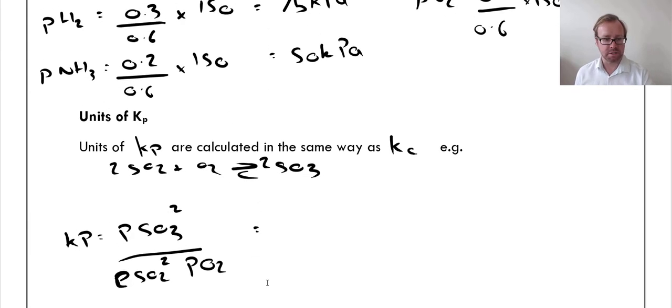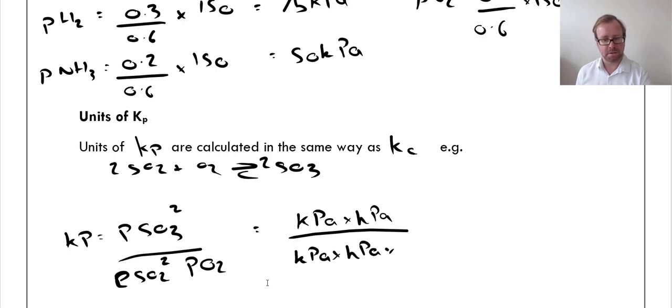Could be atmospheres, but it's usually kPa. So I would have kPa times kPa over kPa squared times kPa times kPa.